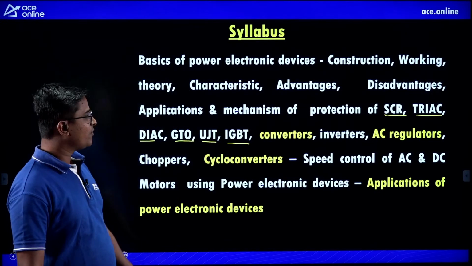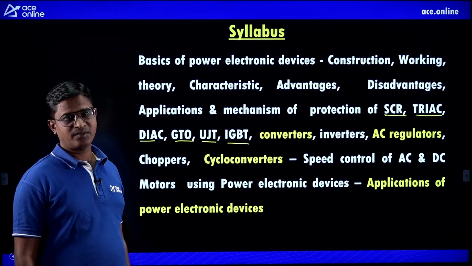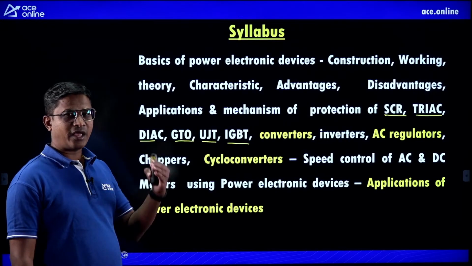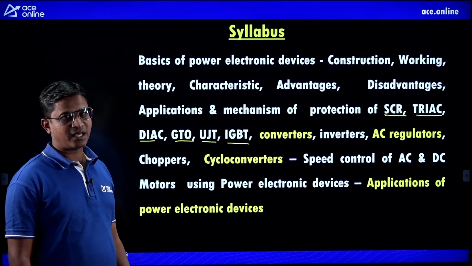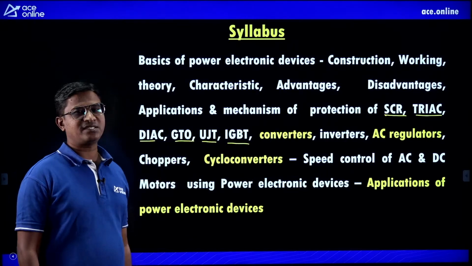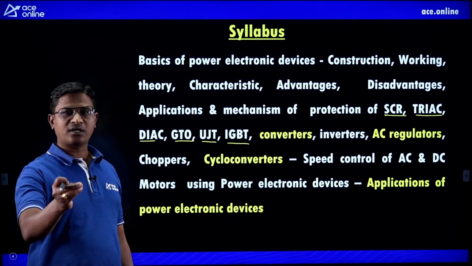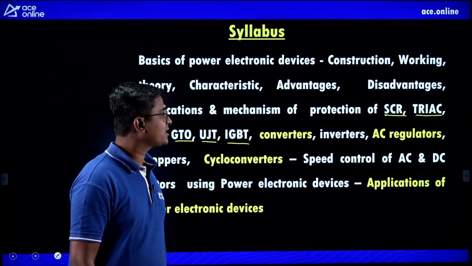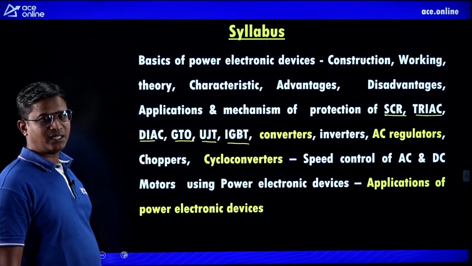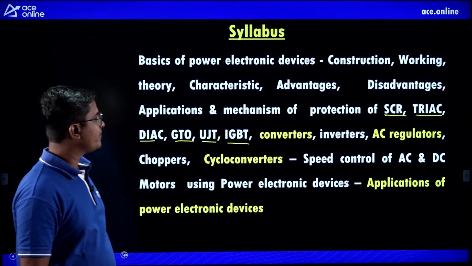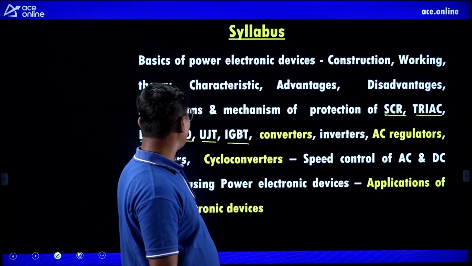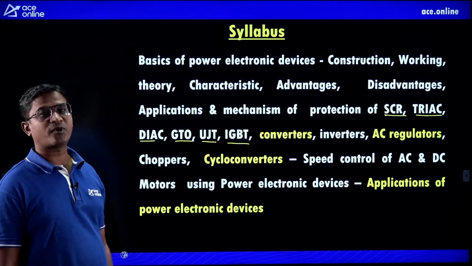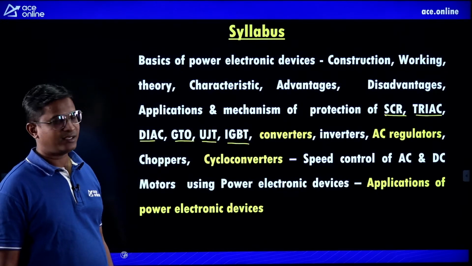As far as the syllabus is considered, you have the detailed analysis of SCR, whereas for all other devices you have only the introductory part. For all these devices you have construction, working principle, characteristics, advantages, disadvantages and applications. And for the SCR we have the protection mechanism as well.